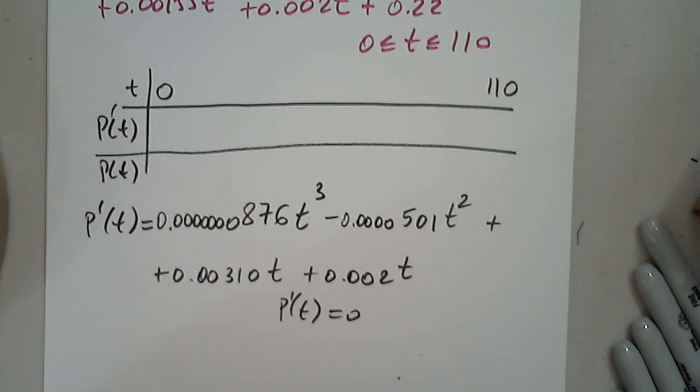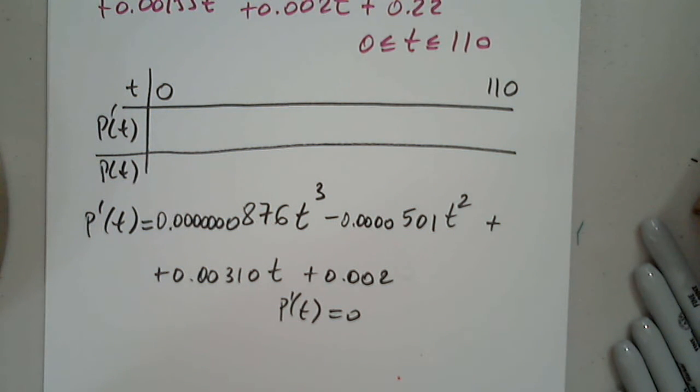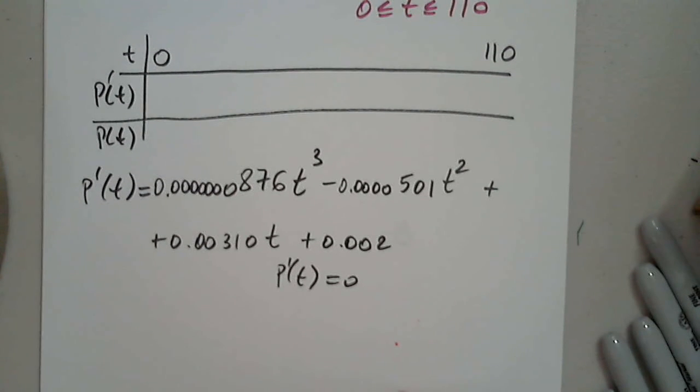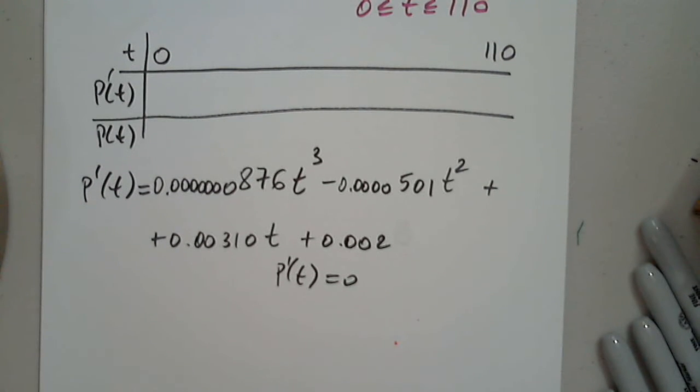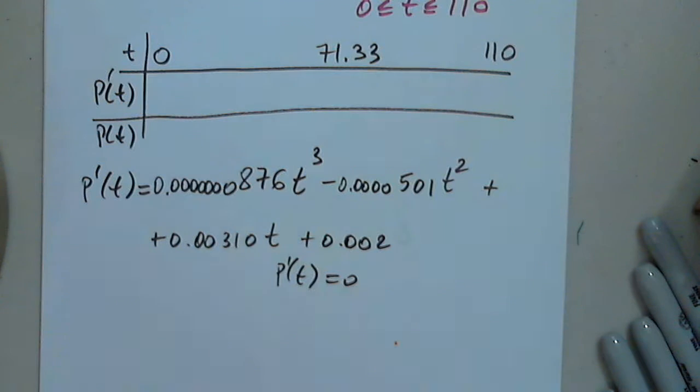I wrote the T again by mistake at the very end. I whited out. So 0.002. And then just solve. And we have 3 solutions. 501 does not fit. Negative 0.63 does not fit. So the only one is 71.33, which is 71 years since 1910.